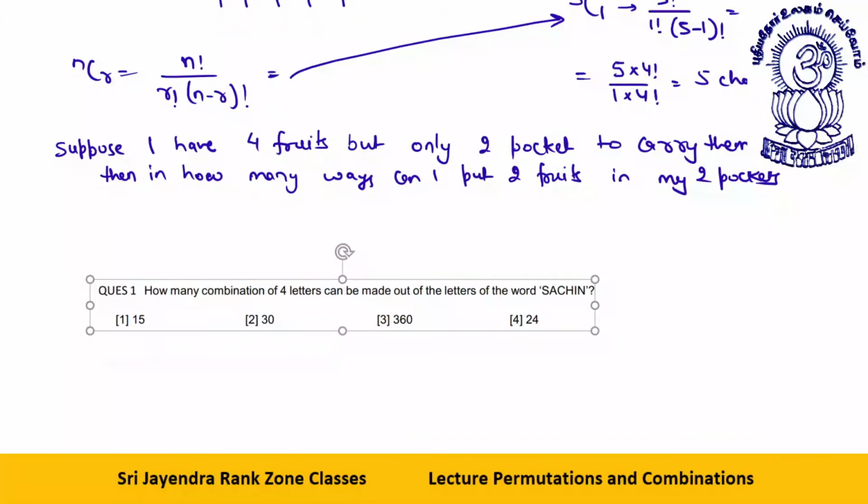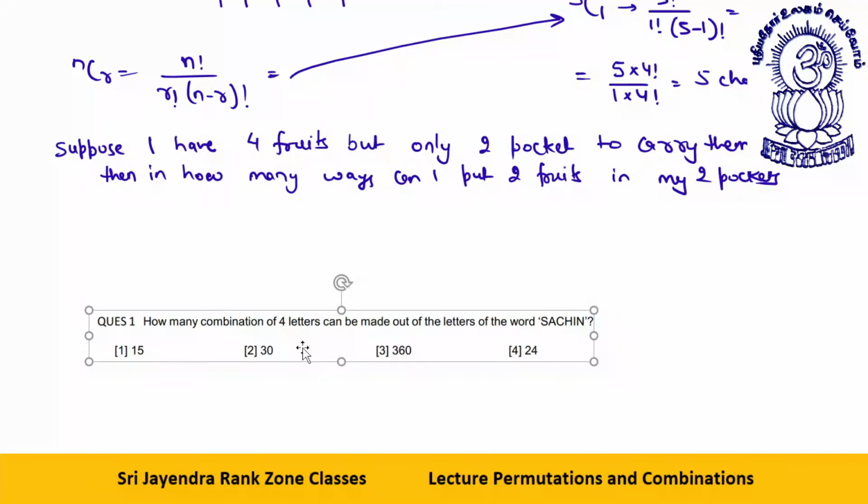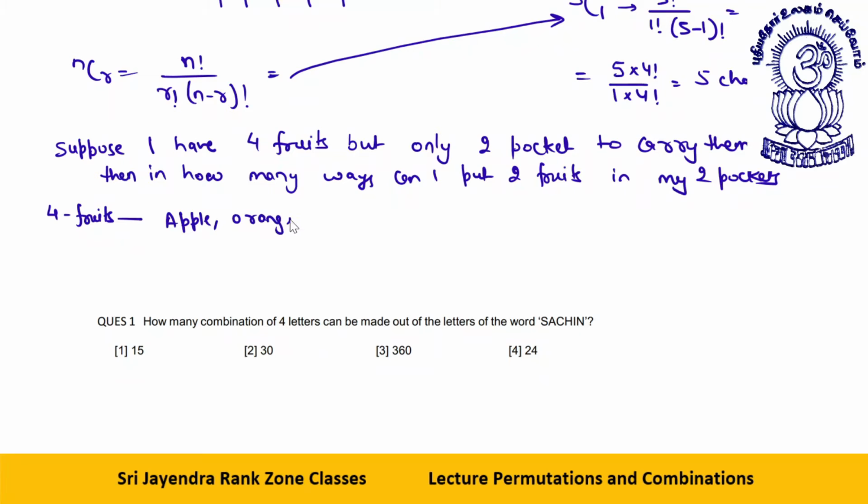Let's say the 4 fruits are apple, orange, kiwi, and banana. So what are the possible combinations for me?